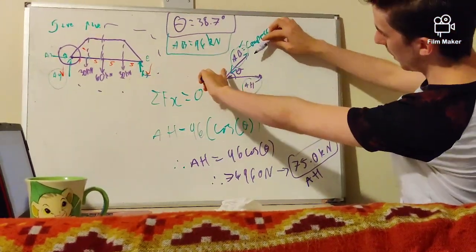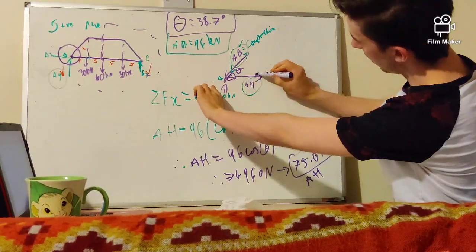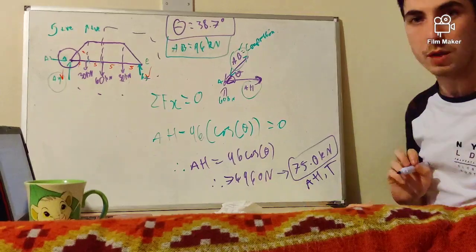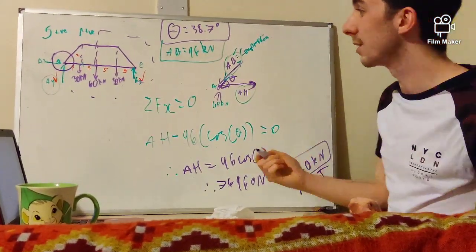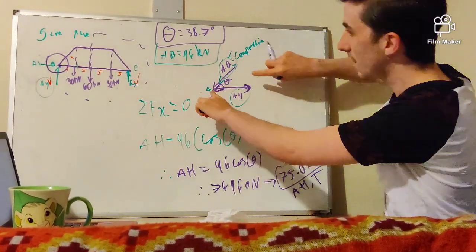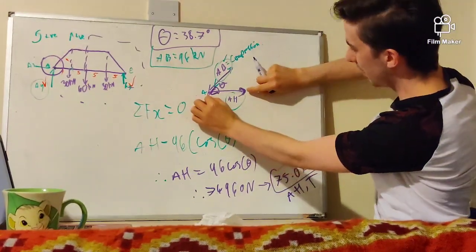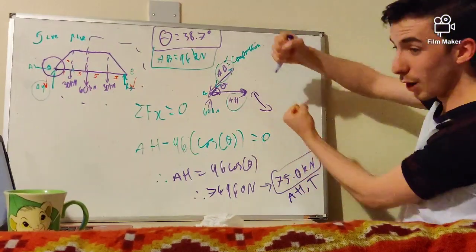Because this one was acting that way, we know that this one is going to have its forces here, so that's going to be in tension. So that's going to be being pulled apart. And you can think about it physically, because the maths always has to give way to physics. If I've got this force acting down on it, I'm actually pulling it, this is being held, this is being dragged, so you can think this member is going to bend like that, so it's going to be pulled.